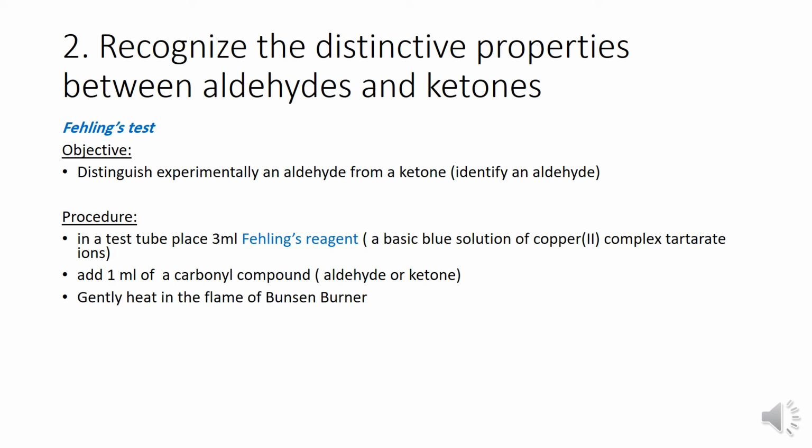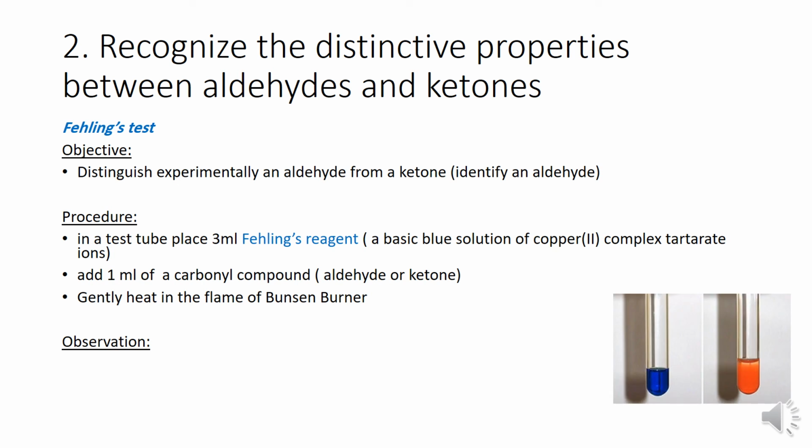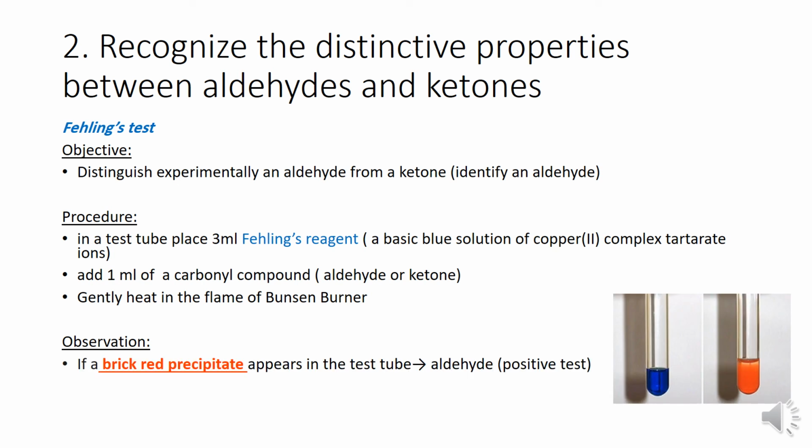Gently heat in the flame of a Bunsen burner, and the observation will be: if a brick red precipitate appears in the test tube, it means the reactant is aldehyde. It is a positive test. If the solution remains blue, it means it is ketone and you get a negative test.